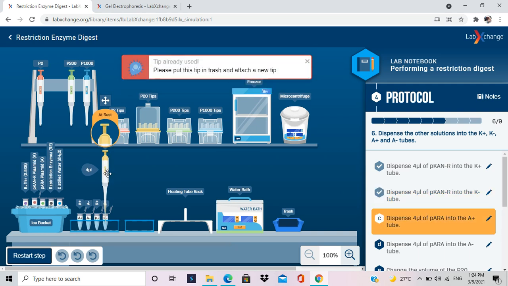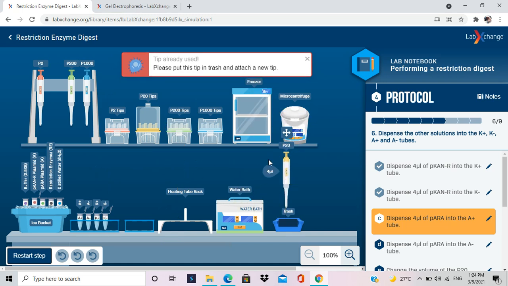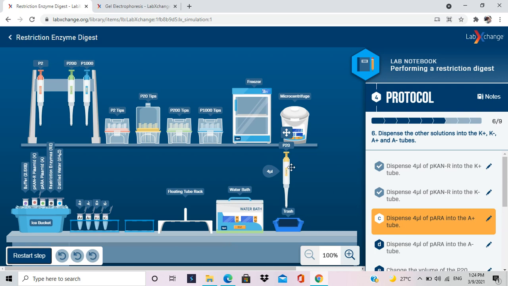Second step again. Reject the tip into the trash, and after that I attach the tip and draw up the micropipette on pARA plasmid for the A plus tube.